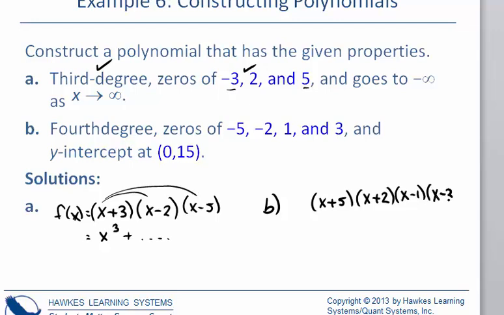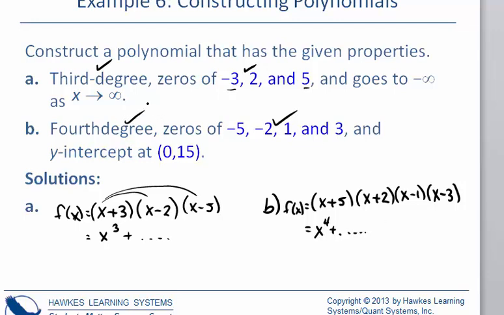And +3, which is going to give me x minus 3. So there is my polynomial with all the zeros. It is 4th degree, because if you multiply the x times the x times the x times the x, the first term is going to be x to the 4th with other terms to follow.